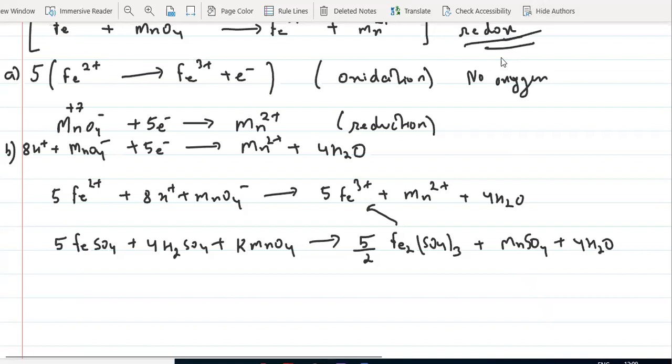K, yes, very good. K is missing. And here we have only 1 K on the reactant side. So here we should have half K2SO4, because we should only have spectator ions. Got it, everyone? Tell me yes or no. Does anyone have any doubt till this point?